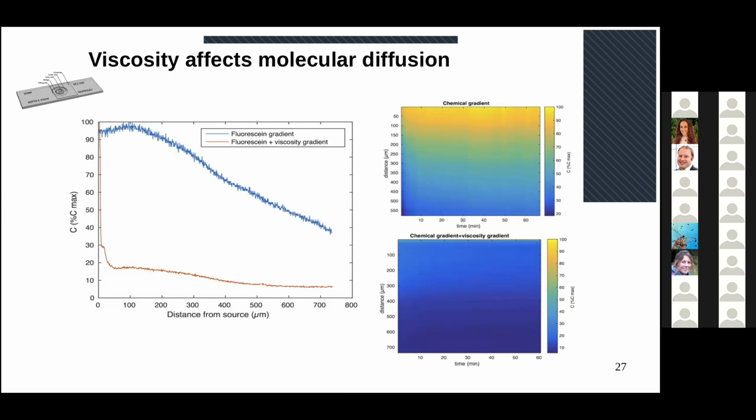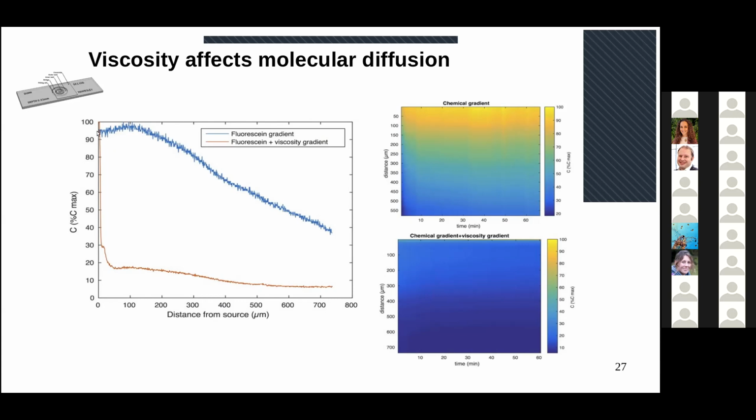In this case, we used it to look at the diffusion of a solution of fluorescein when we added phycol, which is a polymer that increases viscosity without modifying the Newtonian behavior of the fluid. So in this case, we have the distance from the source of the fluorescein against the relative concentration of fluorescein.